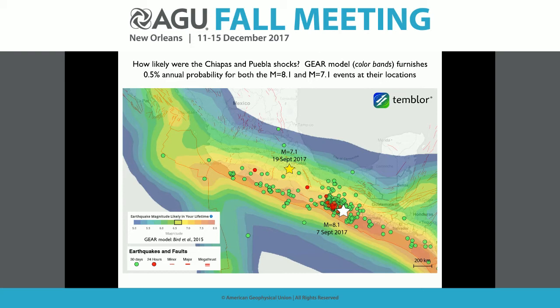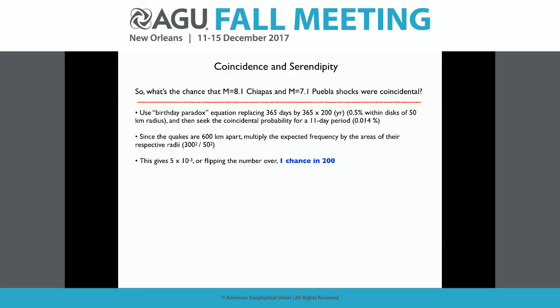But next we have to calculate exactly the probability that these two occurred within 11 days using these numbers. To do that, we used the birthday paradox equation. Let me explain that. My birthday is December 10th. Is there anybody who has the same birthday as me? No? Wow, this is really a rare case.